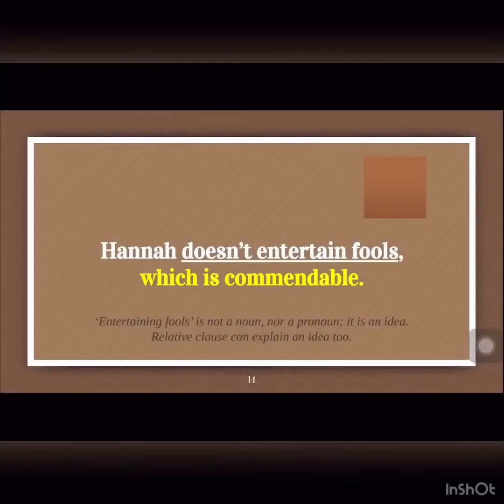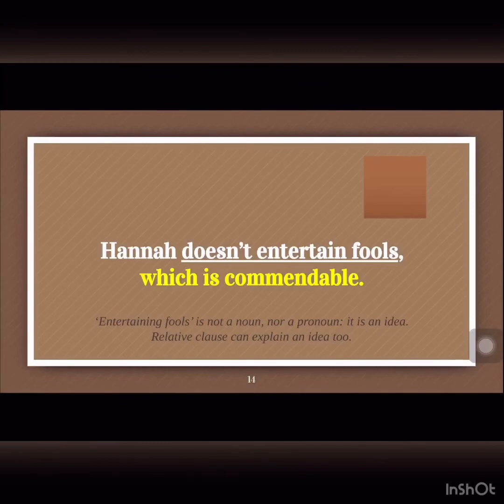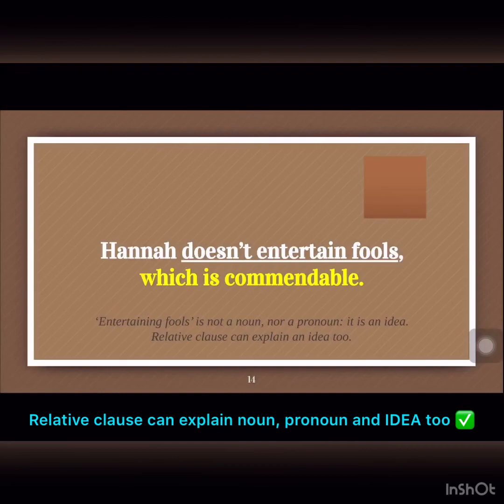Like for example, Hannah doesn't entertain fools, which is commendable. Doesn't entertain fools is not a noun, it's not a pronoun, it is an idea. So a relative clause can explain an idea too, not necessarily a noun or pronoun. It can be an idea.